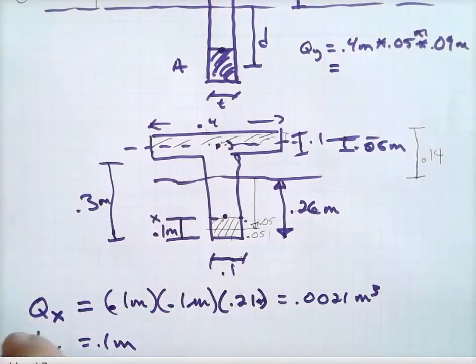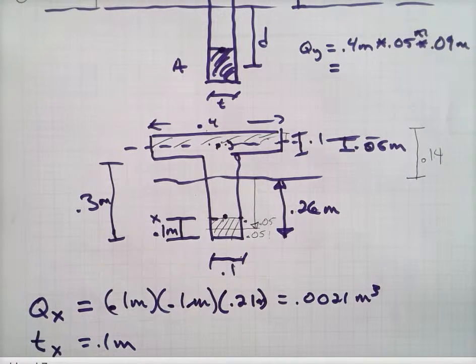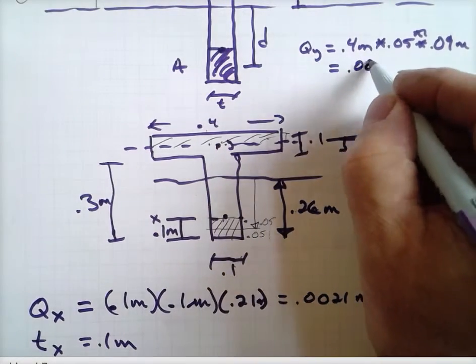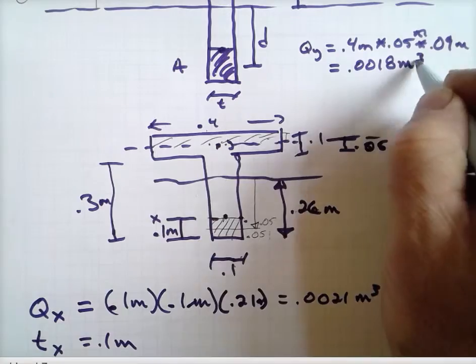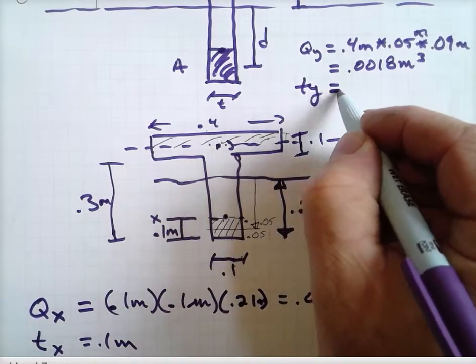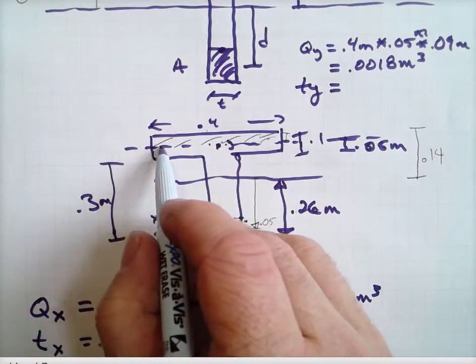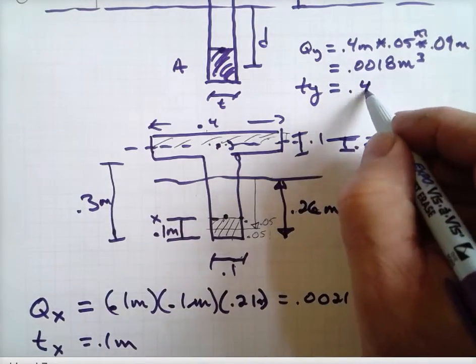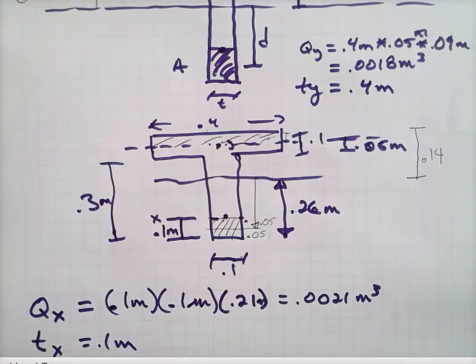So there's your Q. Equals 0.4 times 0.05 times 0.09, 0.0018 meters cubed, and TY is, what's this base dimension? 0.4 meters.